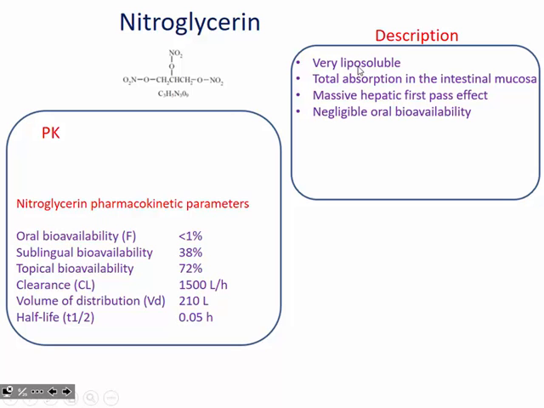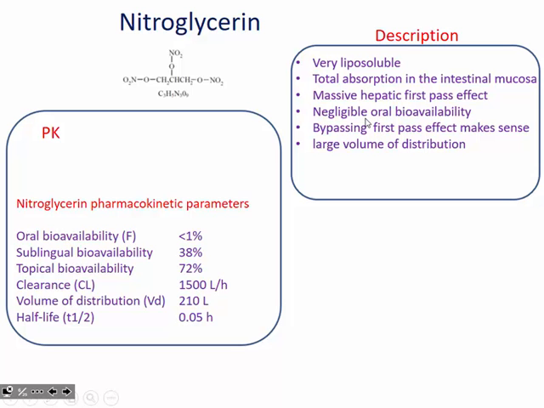Because of that, it easily passes through the gastrointestinal tract and gets into the liver, and it's metabolized rapidly. It has very high, extensive metabolism in the liver. Because of that, you have very little oral bioavailability. If you look at the bioavailability of nitroglycerin, it's less than 1%.